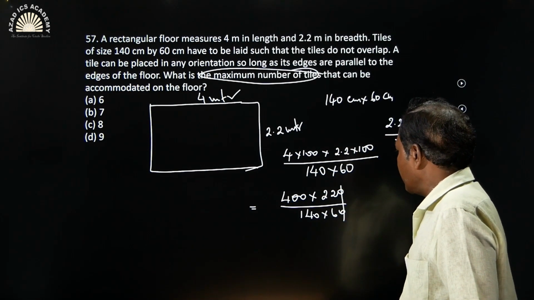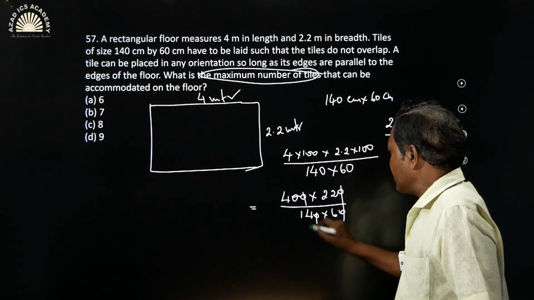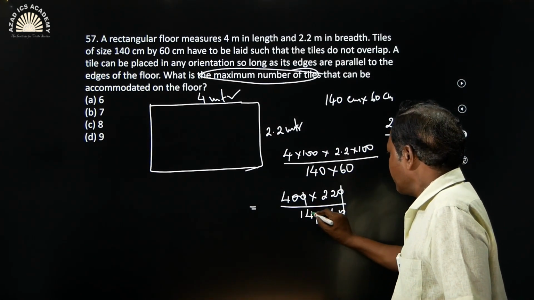Right, the 600 gets cancelled here and this 0 gets cancelled, and this is 140.